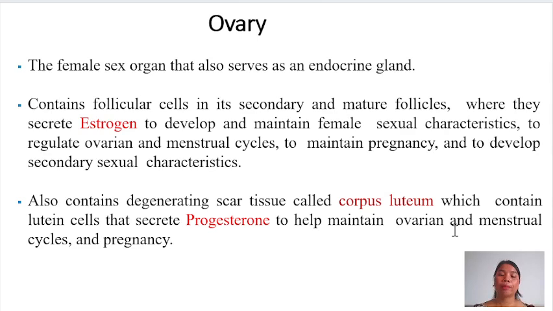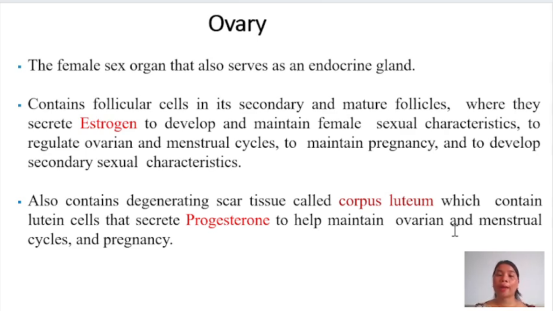It also contains degenerating scar tissue called the corpus luteum, which contains lutein cells that secrete progesterone to help maintain ovarian and menstrual cycles and also pregnancy.